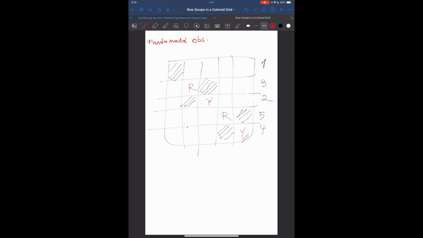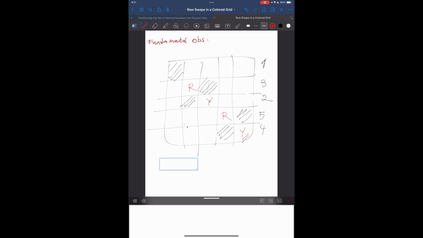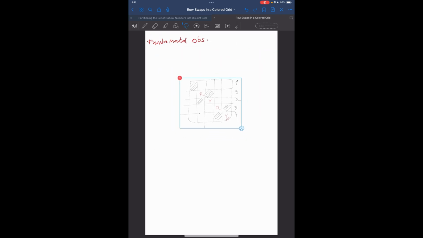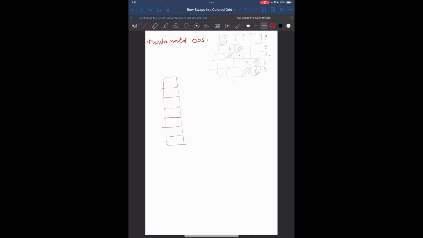That's the fundamental observation. So if I just look at the diagonal and try to write it inside a column, this would be size n, okay?